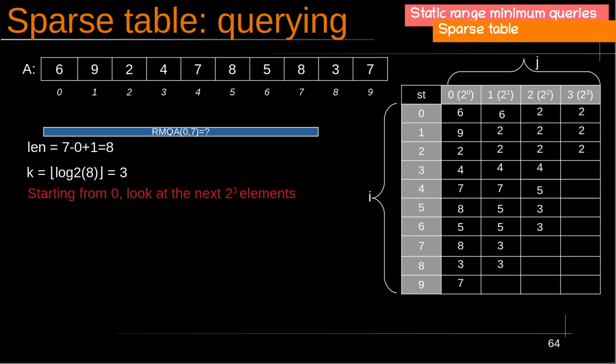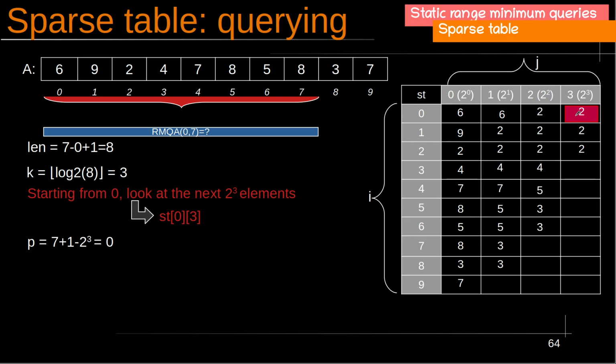So starting from 0, which is the left boundary here, we look at the 2 to the power 3 elements, these 8 elements, which is ST[0][3], the red rectangle here in the sparse table.